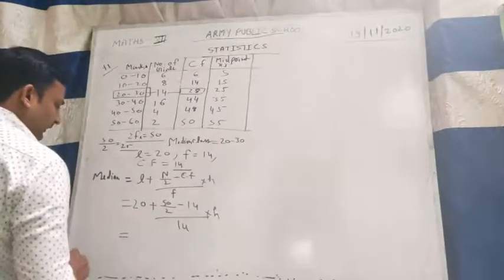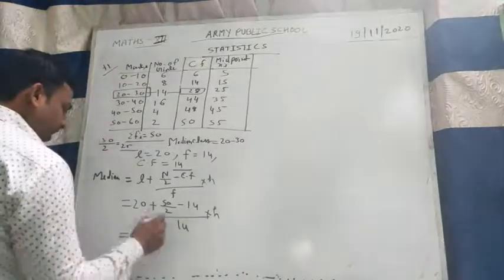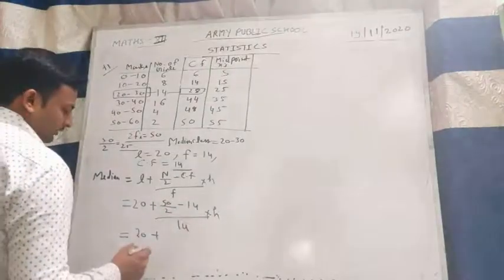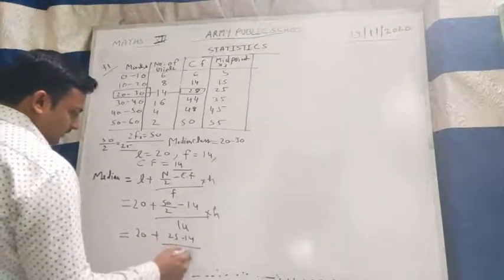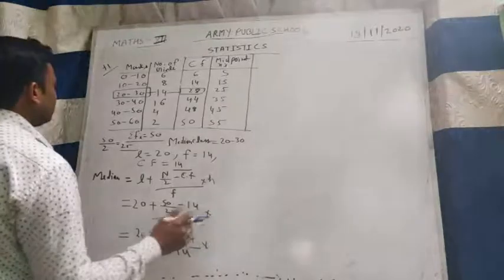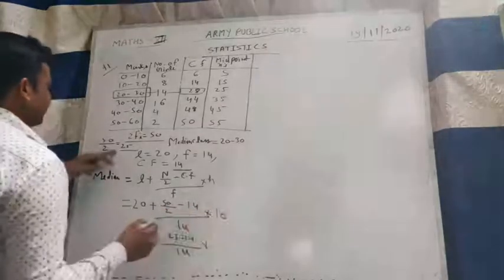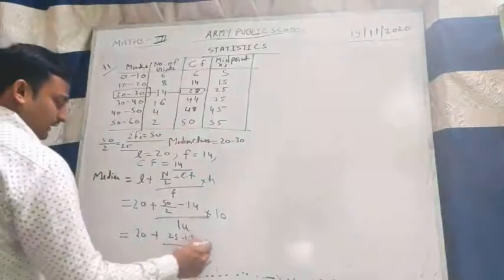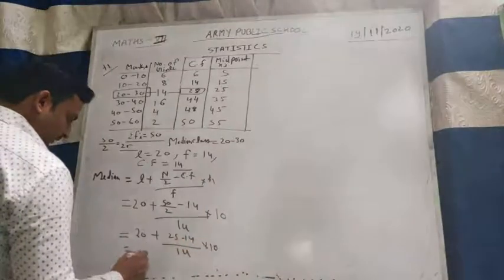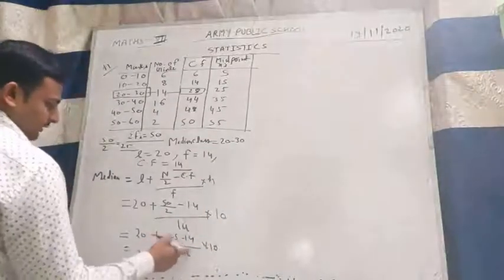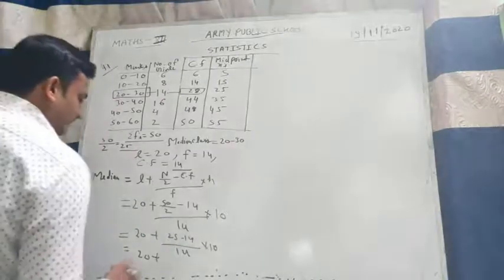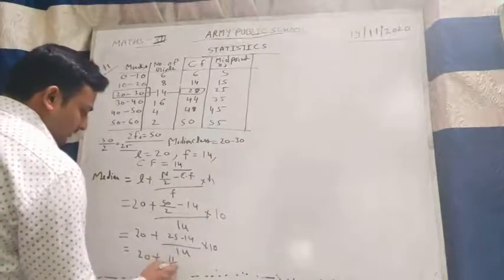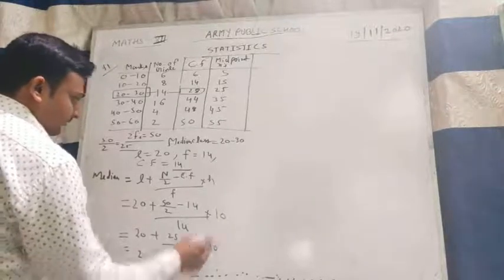Now what we will find out? This is 20 plus 25 minus 14 by 14, and our H is class size, which is 10. So write 10 here. 20 plus this is what? 25 minus 14 is 11, by 14 into 10.